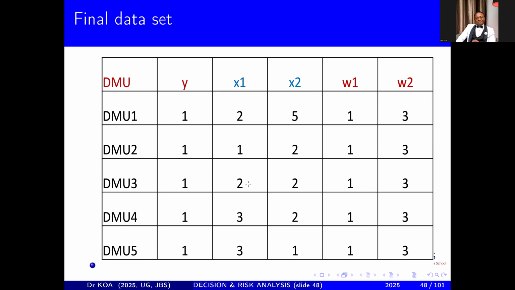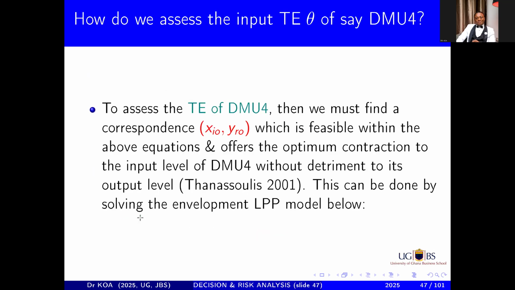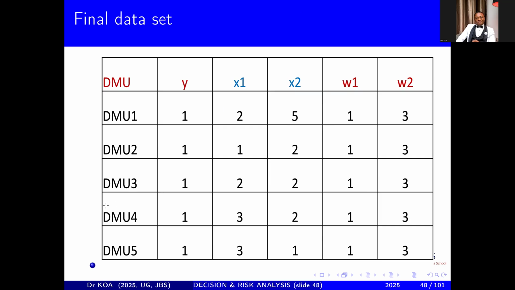So what it says here is that we are trying to find the efficiency of DMU4. How do you do that? This efficiency is input oriented, input efficiency, so we are going to use a primal model.